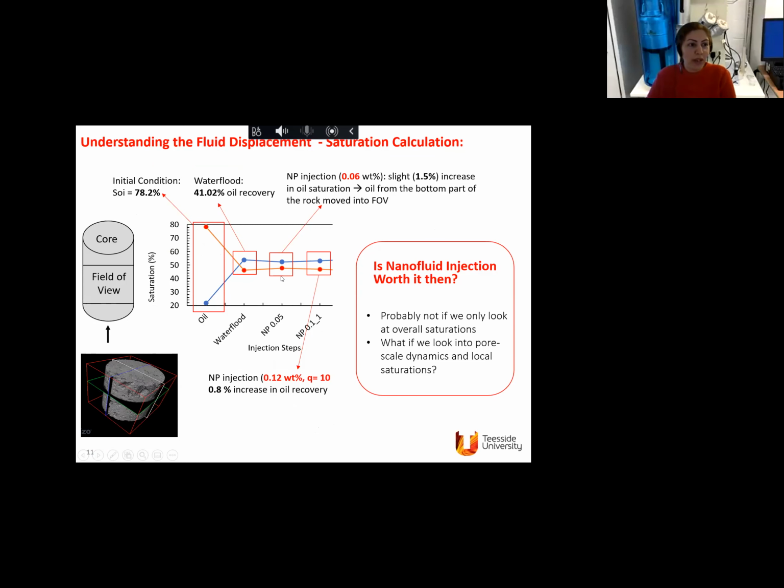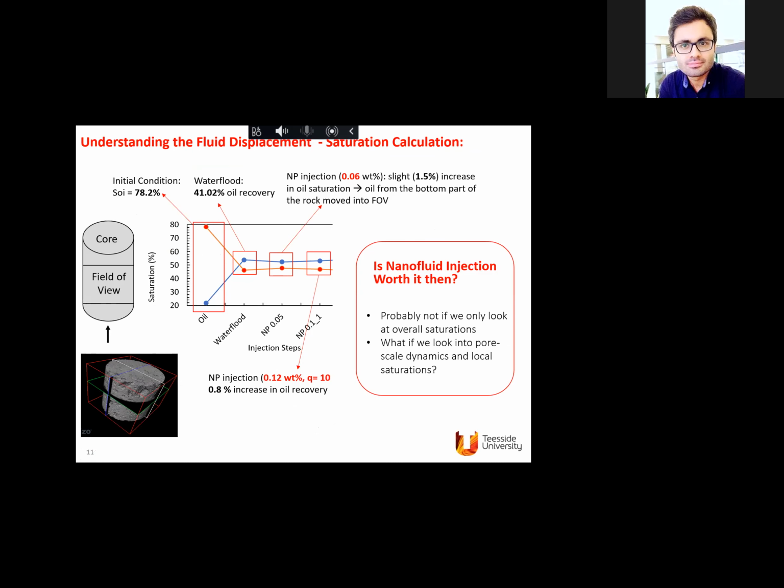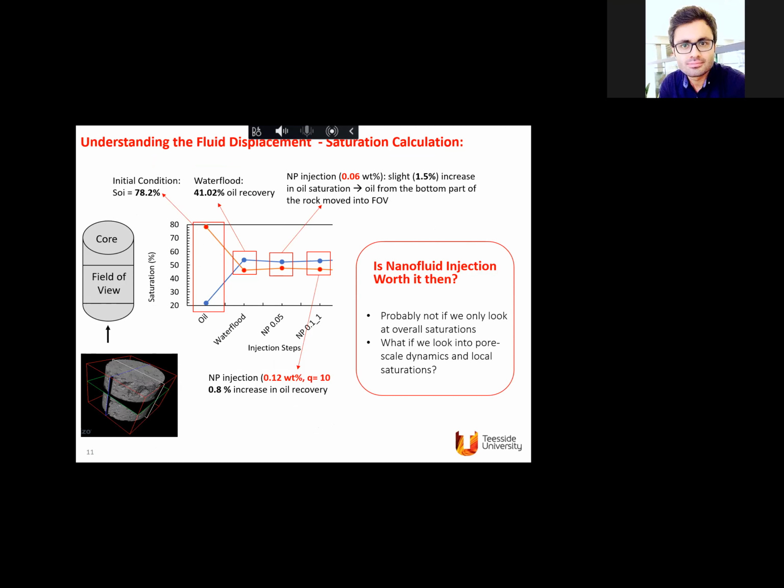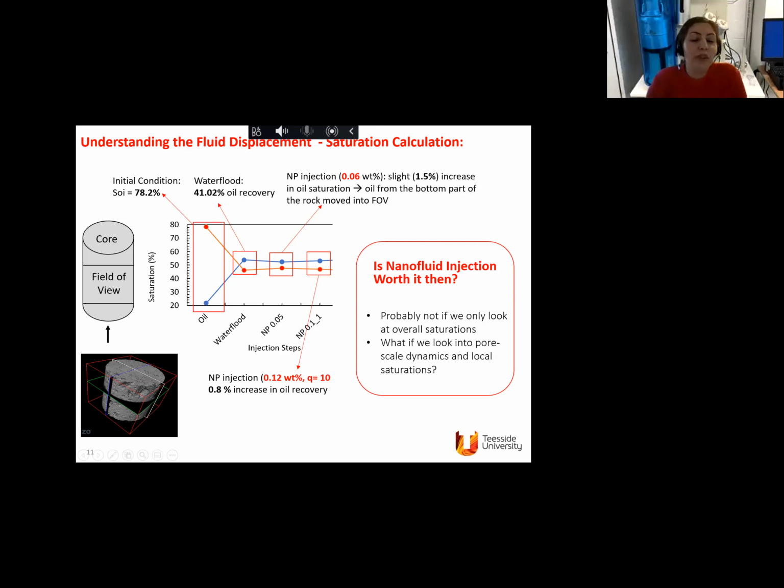It's not changing, it's just redistributing. It is redistributed, yeah, exactly. But if it is not changing, and injection of nanoparticles is breaking our ganglia into smaller sizes, I wonder if it will be helpful to produce the non-wetting phase. So yeah, it's a place of discussion. Thank you for your question.